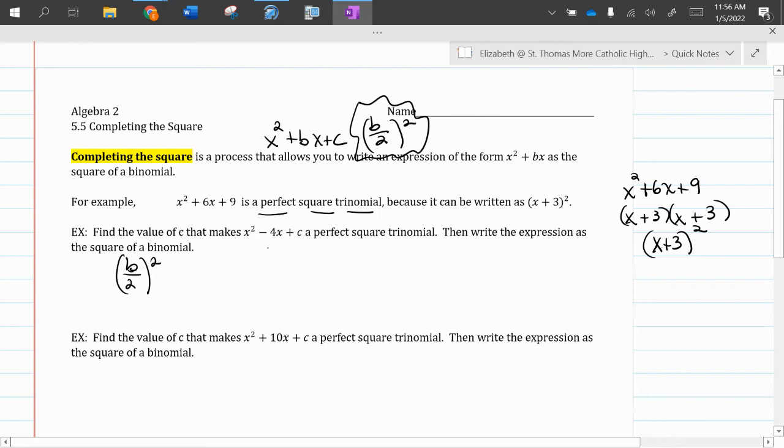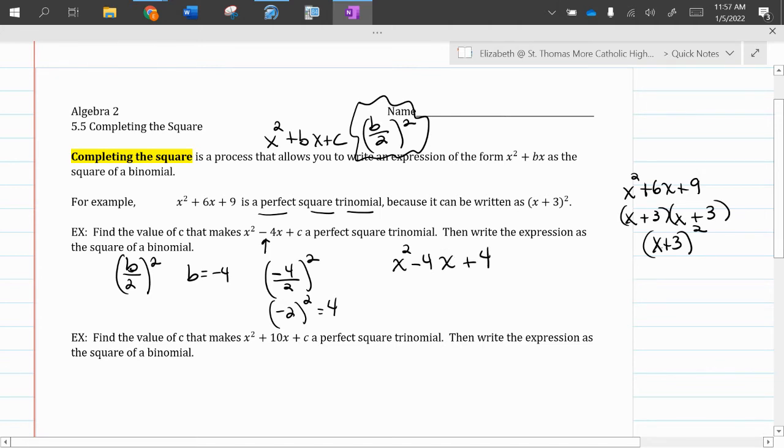So for x squared minus 4x plus c, the b in this case is negative 4. So I'm going to do negative 4 divided by 2, and then square it. Negative 4 divided by 2 is negative 2, and negative 2 squared is 4. So the c that makes a perfect square trinomial for x squared minus 4x plus c is positive 4.